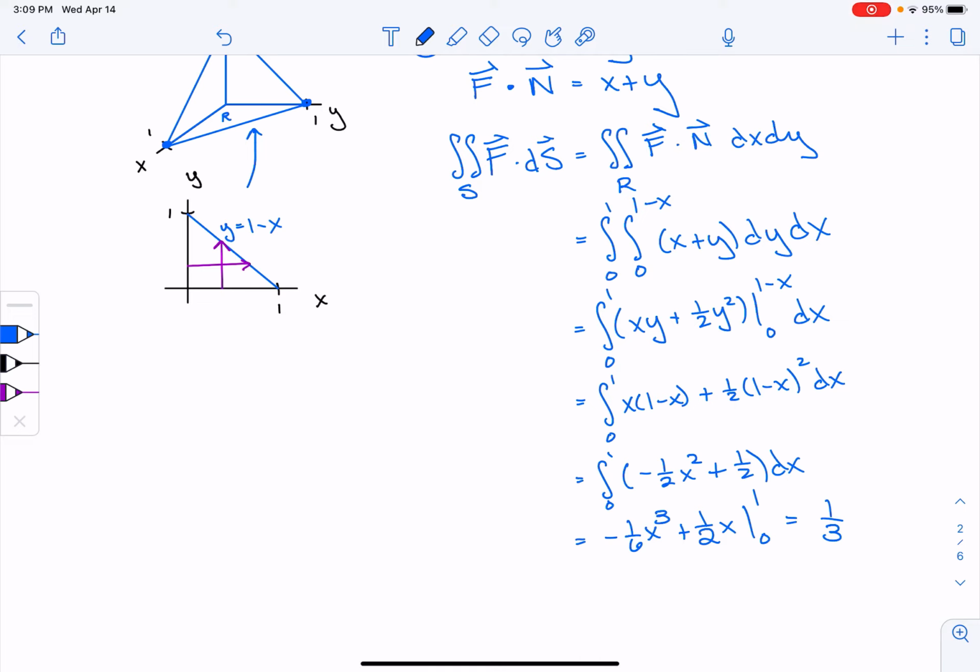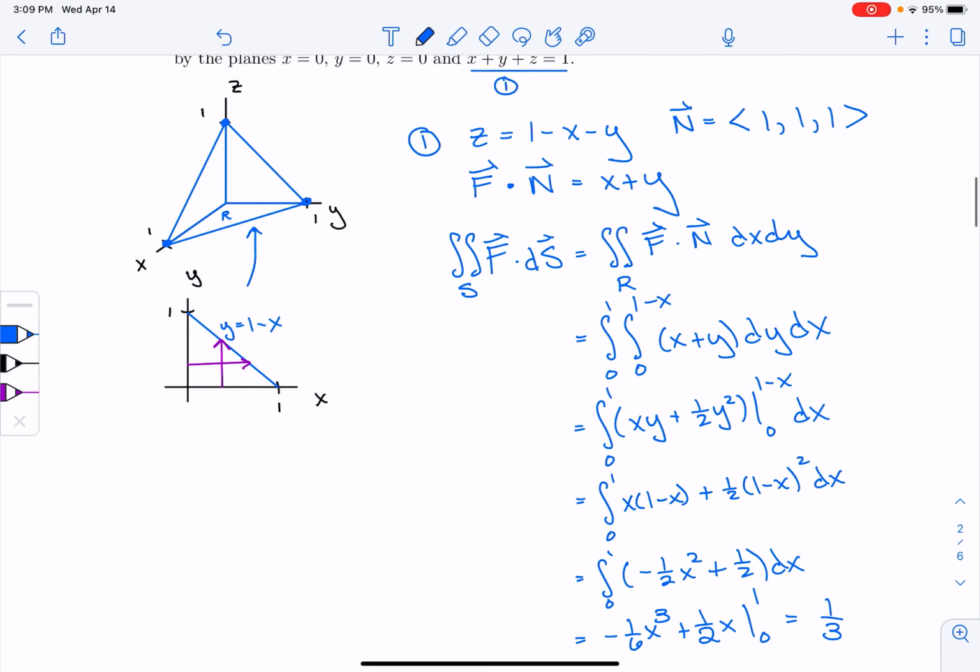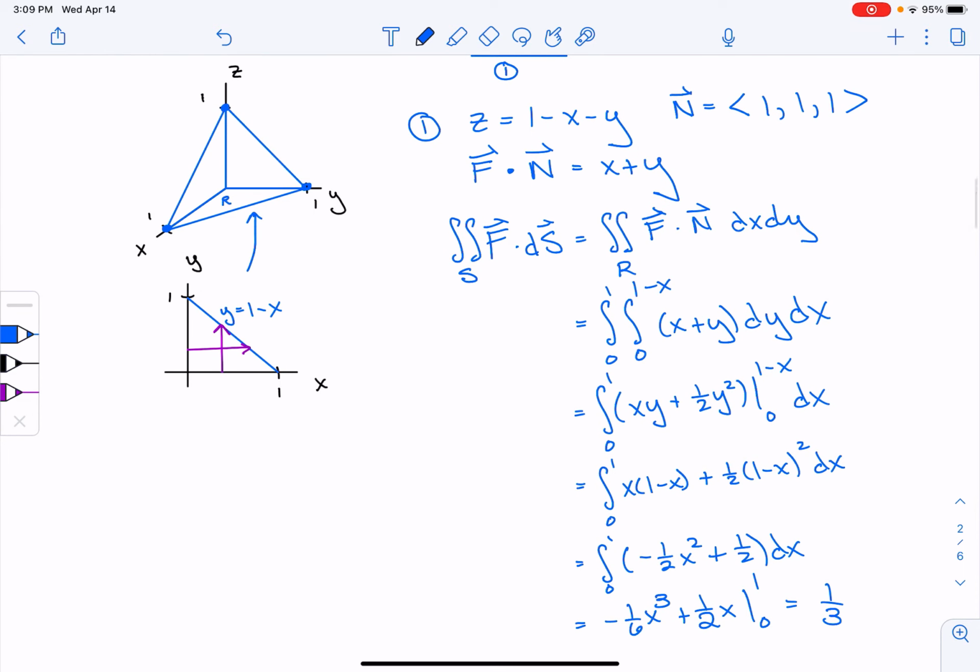Okay, and so that is the flux through that first surface. We'll call that surface 1. Now I'm going to start labeling the other surfaces so that we can look at the flux through those.